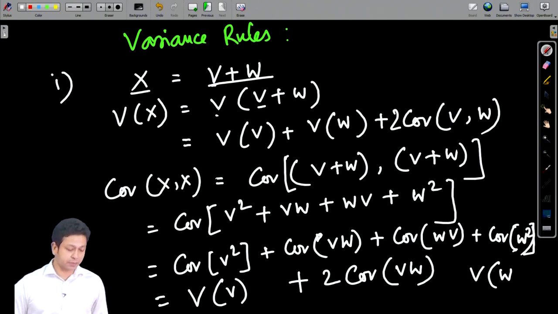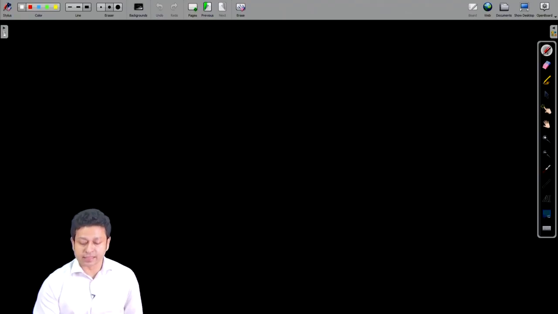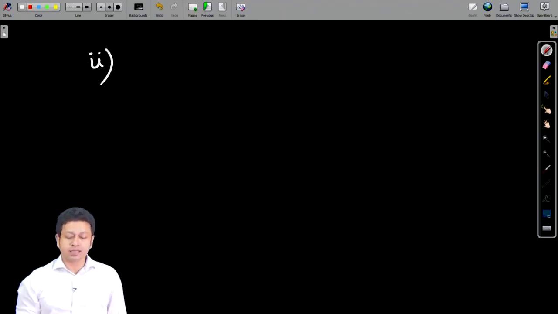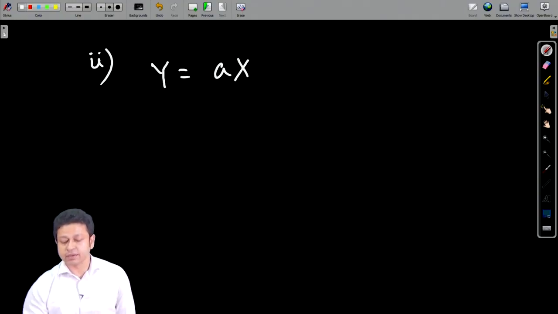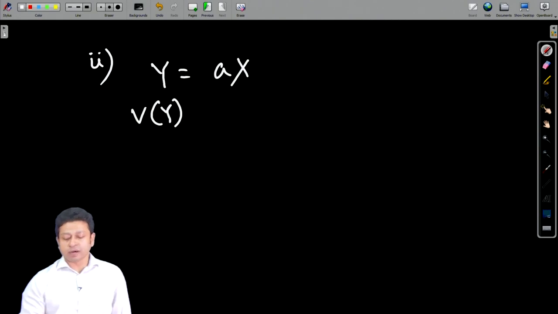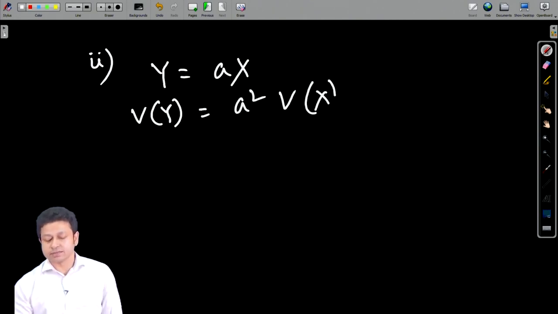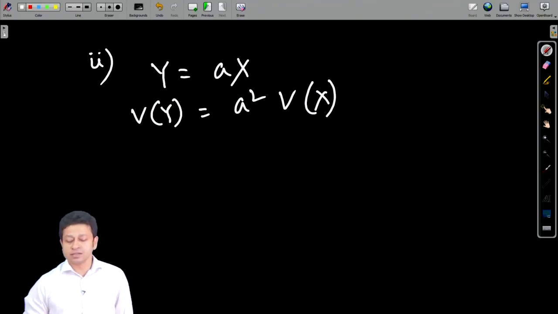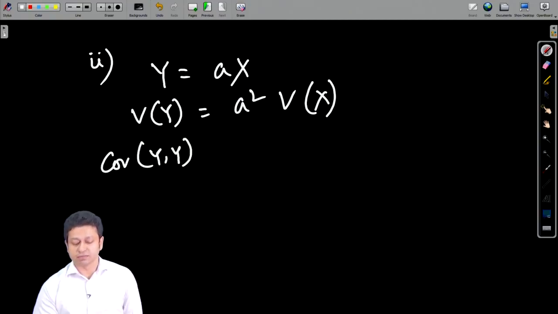This is the proof of the first rule when I express my random variable in terms of 2 other random variables. Now, the second rule of variance: let us say y is equal to a x, and I want to take the variance of y. What I will get is a square variance of x. How did I get that result? Similarly, you can use the fact that variance of y is nothing but cov y y.